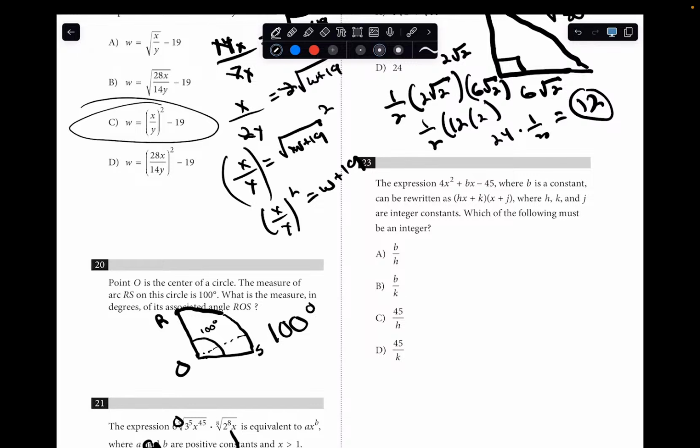So we can multiply all this out, and that equals hx squared plus hxj plus kx plus kj, right?